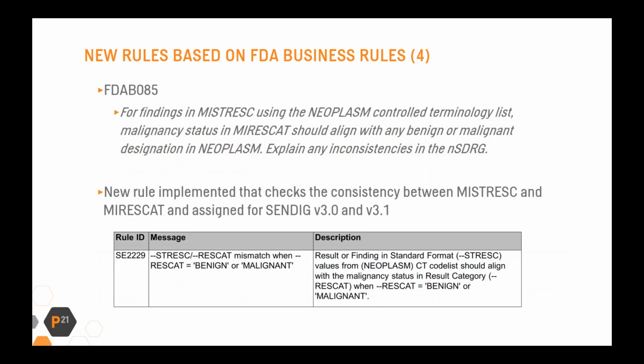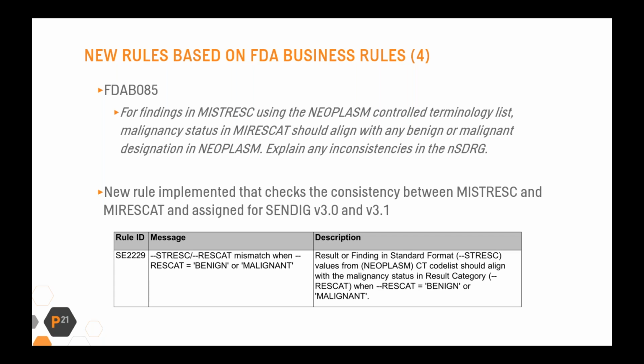The next new rule that we created based on FDA business rules was FDA Business Rule 85. For findings in MISTRESC using the neoplasm control terminology list, malignancy status, and MIRESCAT should align with any benign or malignant designation in neoplasm. Explain any inconsistencies in the non-clinical study data reviewer's guide.